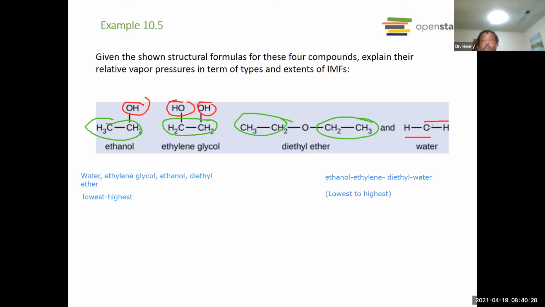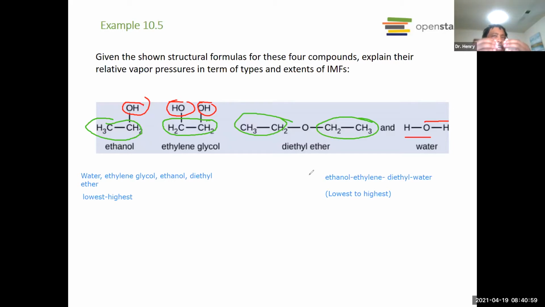Okay, so now that you know this, which one do you think is going to have the highest vapor pressure? Meaning that it can be separated from each other with really low energy involved. You're asking for the lowest or the highest? Highest vapor pressure. The ethylene. Okay, so now think about it.